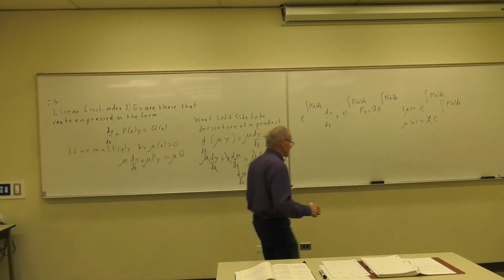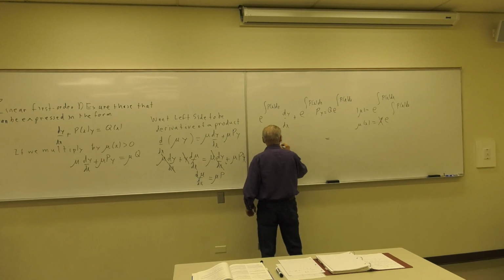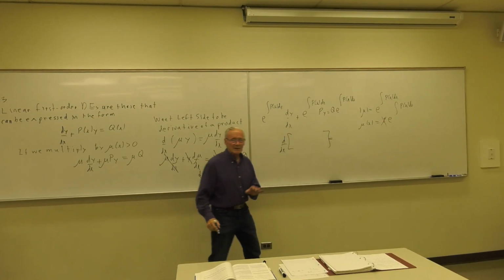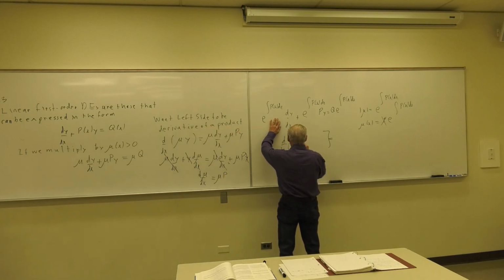Now the claim is, if we've done this right, that the left-hand side is the derivative of a product. Let's make sure. So what's going to go in here? Well, my claim is what has to go in here is this. Because if I take this one times the derivative of that one, I get that one.